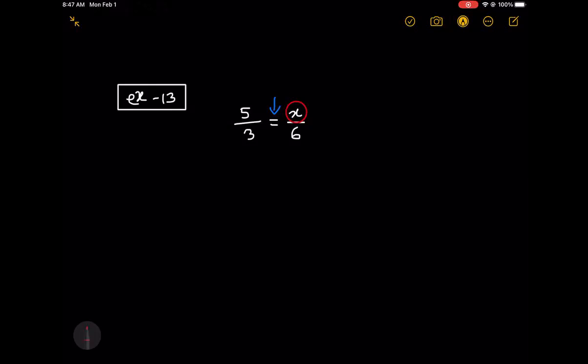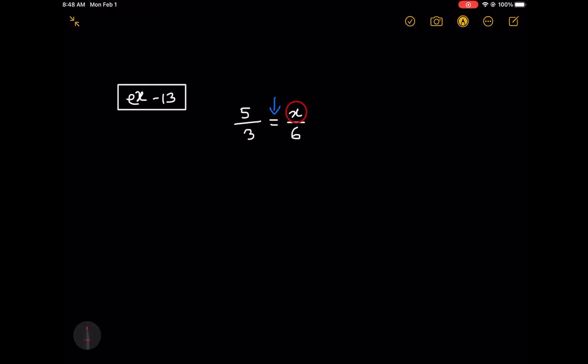Obviously, we need to make sure the mathematical rules are not violated, but somehow we want to isolate that unknown value and keep everything else on the other side.